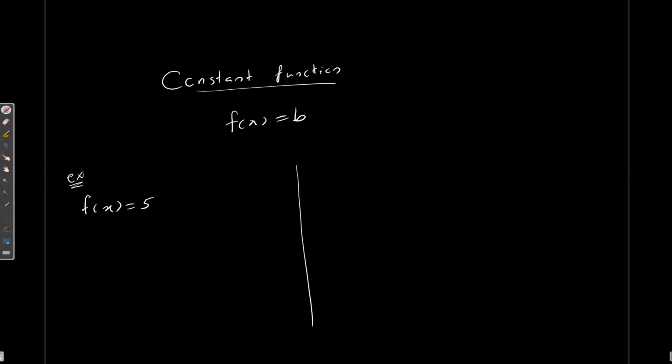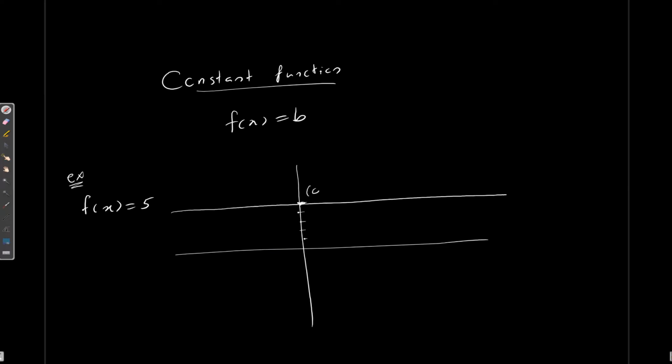Okay, next, square function. Before that, actually, let me put constant function. This is actually also linear. f(x) = b. So for example, f(x) = 5. So the function value 1, 2, 3, 4, 5. It's a line going through (0, 5), because this is actually 0x + 5.